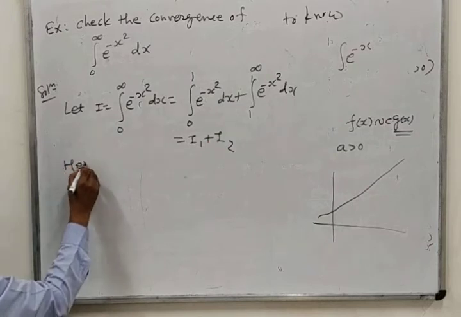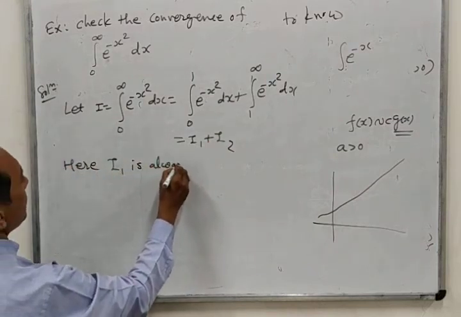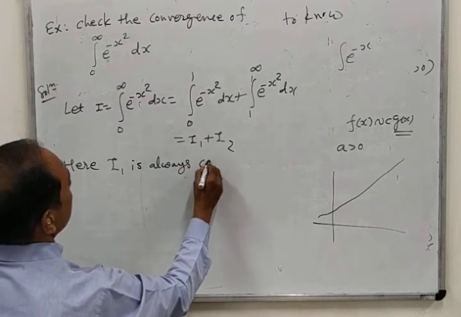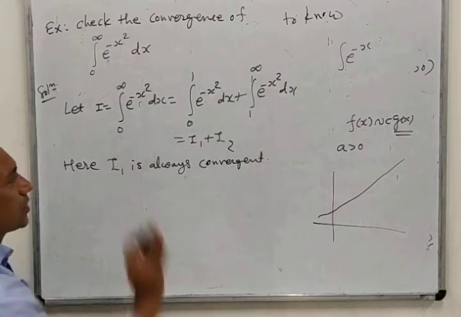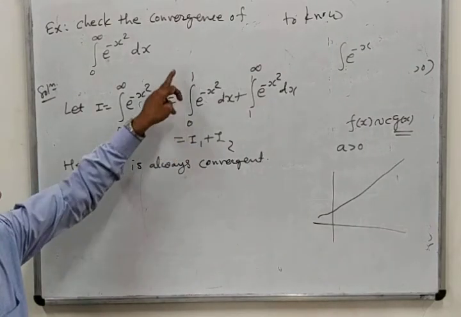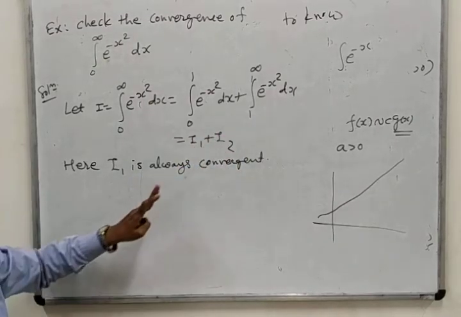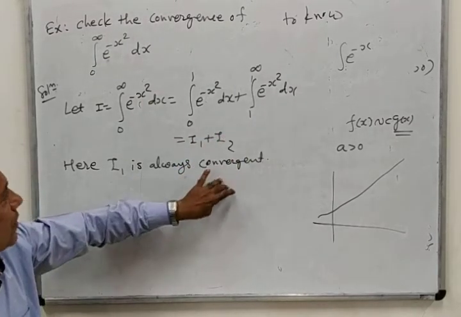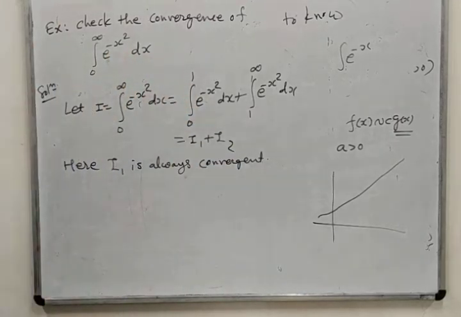Here you should write that I1 is always convergent, because it is a continuous function between 0 and 1. So we only need to focus on I2. If I2 is also convergent, then I is convergent. But if I2 is divergent, then I will be divergent.